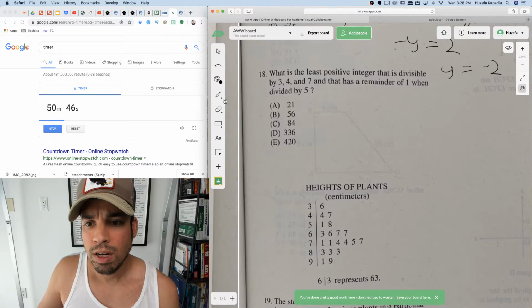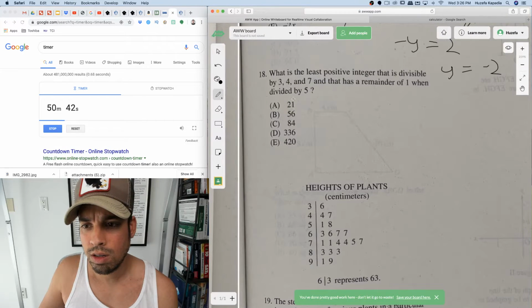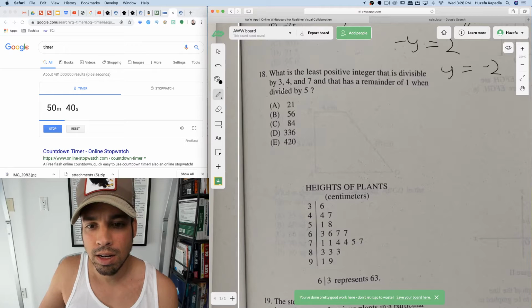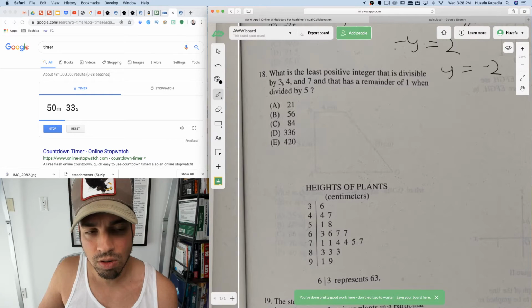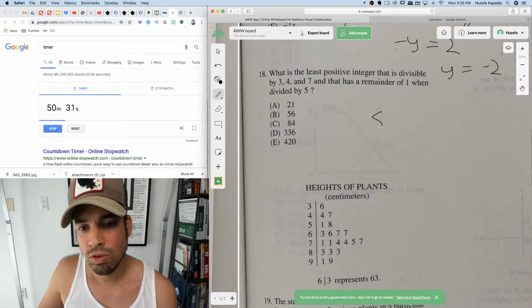What is the least possible integer value divisible by 3, 4, and 7 that has a remainder of 1 when divided by 5? Well, for the least positive integer divisible by these three, we have to multiply them because they basically have no common factor. So 12, so it's got to be at least 84.